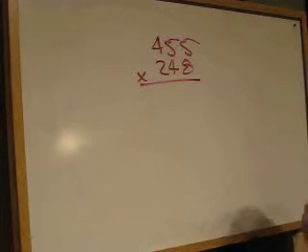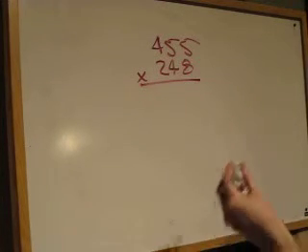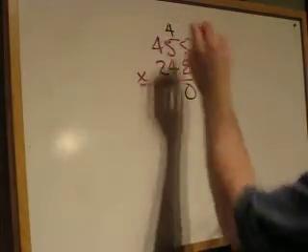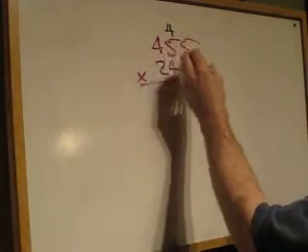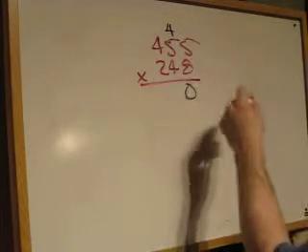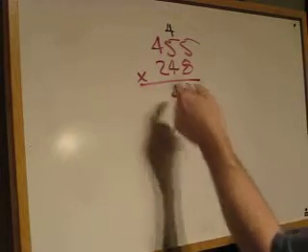So we're going to start out with our 5 times 8. 5 times 8 is 40. Again, you write down the last number, not the whole 40. You carry the 4. Then you multiply the 5 times the 8, and you also get 40, but you also have this 4 that you carry. So you have 40 plus 4 is 44. Bring down just one digit.